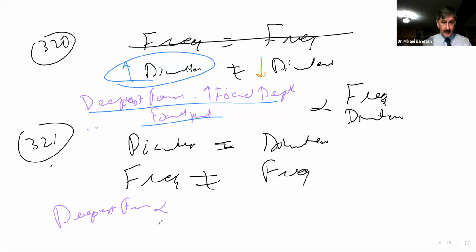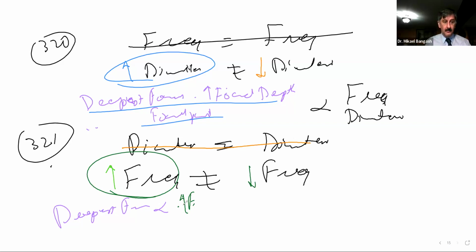Which is directly proportional to both of these. Since our diameters are the same, that's not going to affect it, but it's going to be the frequency. Since they are not the same, one is a greater and one is a lesser frequency, and it's going to be the one with the greater frequency that has the deeper focal point.